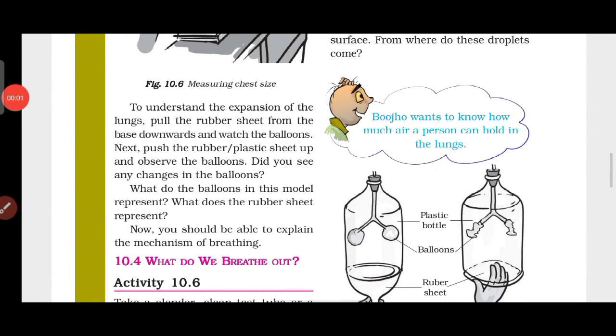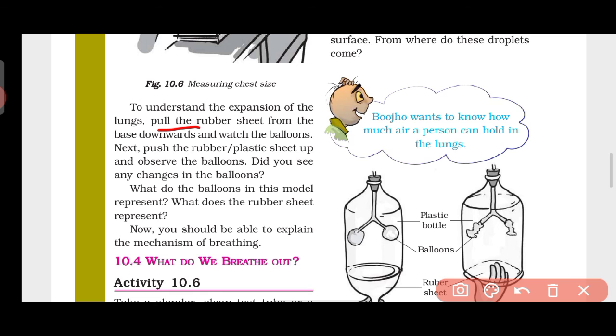I hope you enjoyed the video. So in that video we have seen clearly that to understand the expansion of lungs, what can we do? Pull the rubber sheet. The rubber sheet was pulled from the bottom. In that video you actually watched it. Yes or no? Yes. Whenever we pulled it, what was happening? The balloons were sucking in some air.